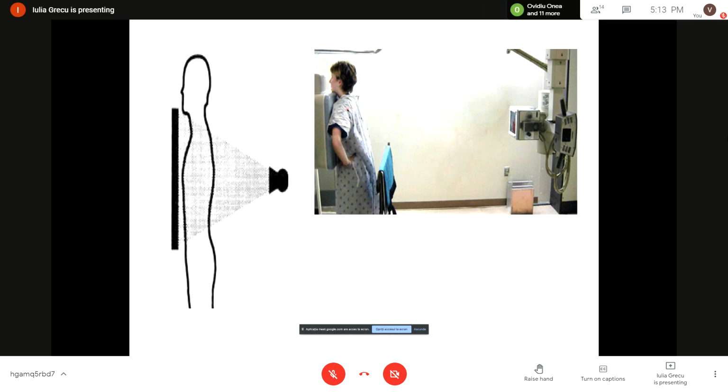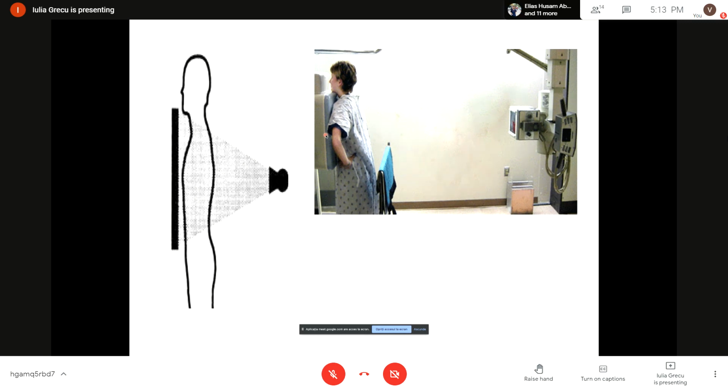The patient is positioned with the chest lying on the film. Here is the film, and the radiation source is behind the patient, so that the radiation beams go from the posterior of the patient to the anterior, where we find the radiographic film. This is the standard procedure of the chest X-ray.